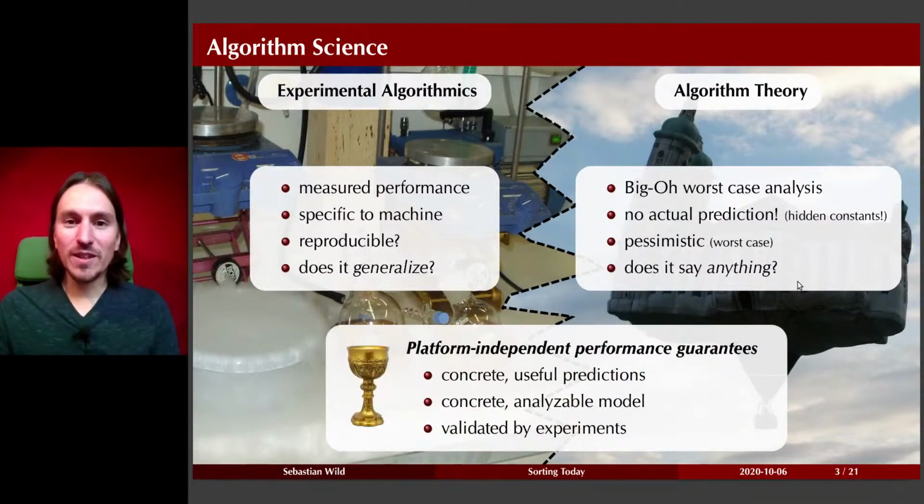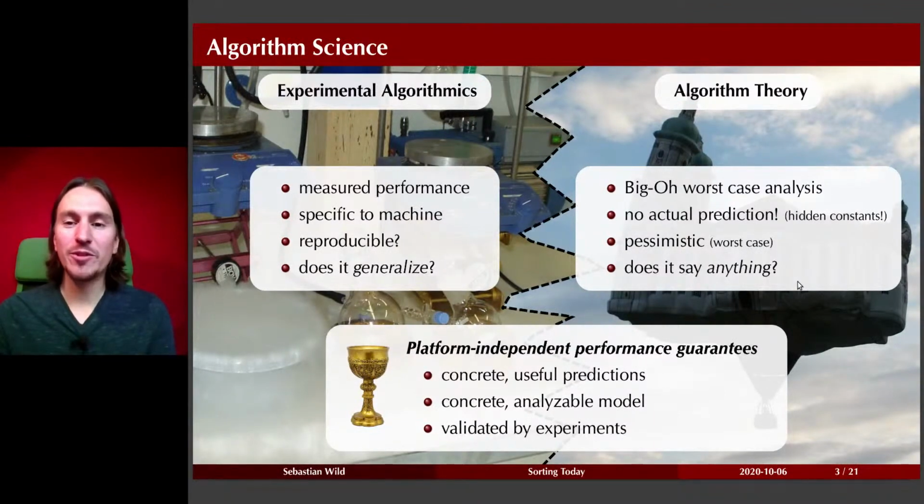So what's missing, and what algorithm science is about, is to provide performance guarantees that make a concrete prediction, but still are as platform independent as is possible under these circumstances. And as will come up in this talk, it will consist of making a mathematical model of the cost of an algorithm execution.